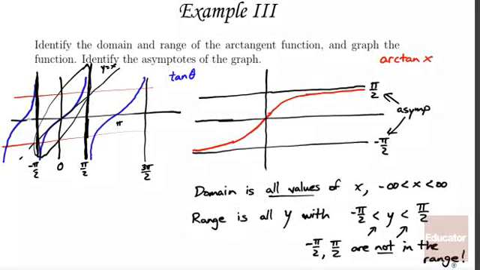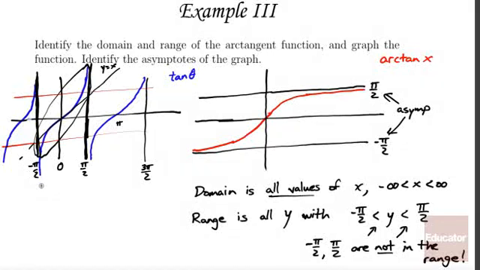And the reason for that is that the arctangent function never quite gets to negative pi over 2 or pi over 2. It goes down close to negative pi over 2, and it goes up close to pi over 2, but it never quite gets there. And the reason for that, if you look back at the tangent function, was that these asymptotes never quite get to negative pi over 2 or pi over 2. You can't take the tangent of negative pi over 2 or pi over 2 because you're trying to divide by 0.